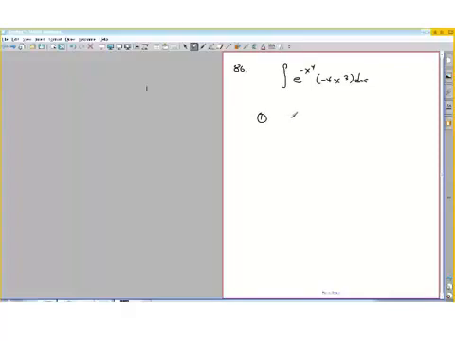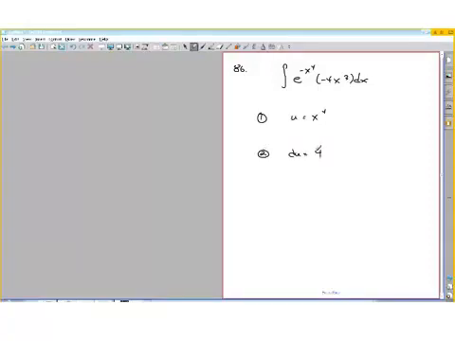Remember what we do is we pick u. So u is equal to, well, typically if the exponent is something other than just x or negative x, then that is u. And then you calculate du.